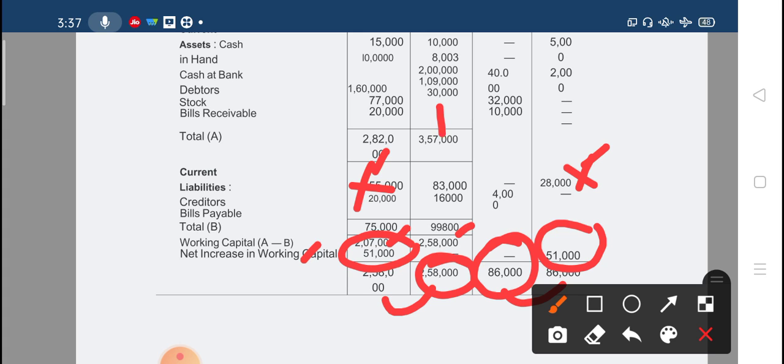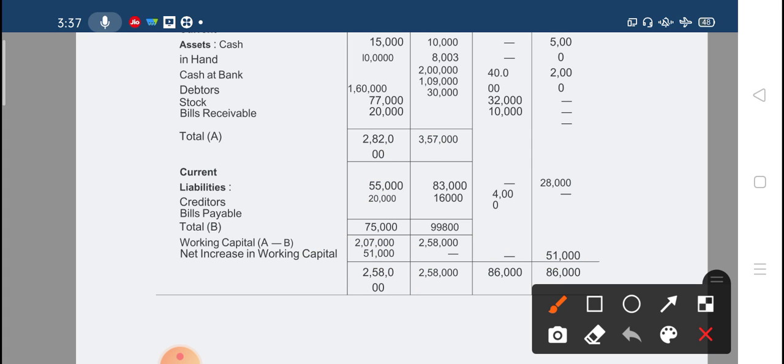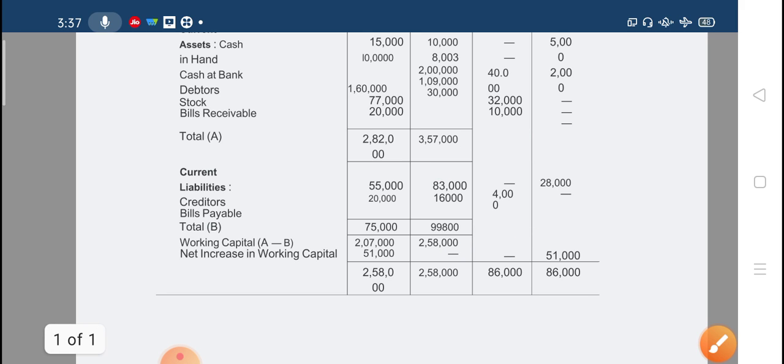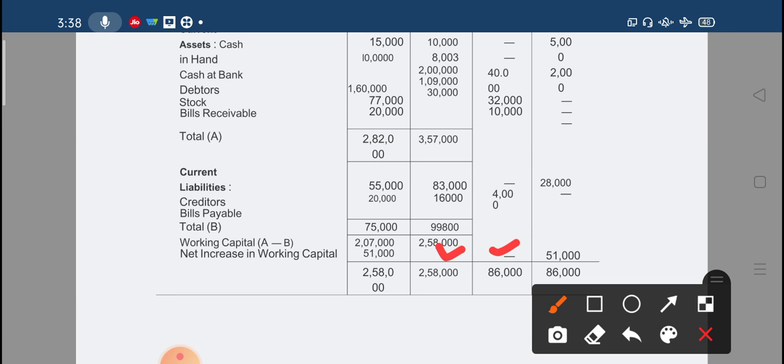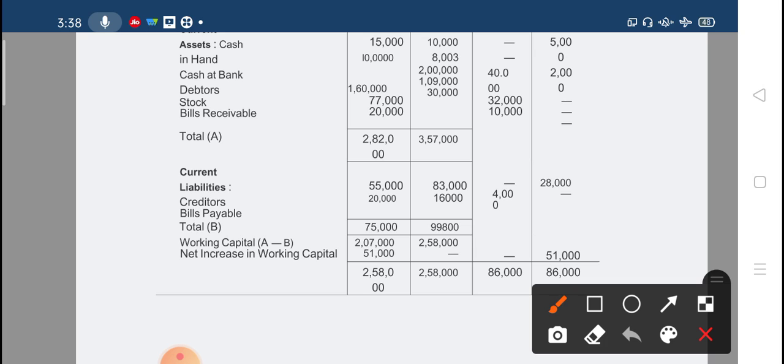If the balance is found in the other columns, then it is treated as decrease in working capital. Since we got the balance in this column, it should be treated as net increase in working capital.